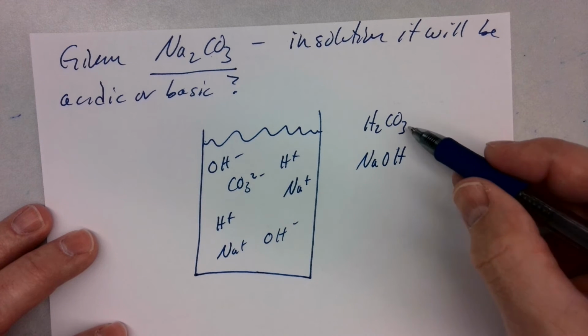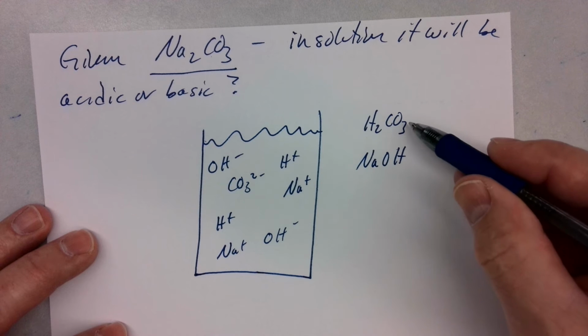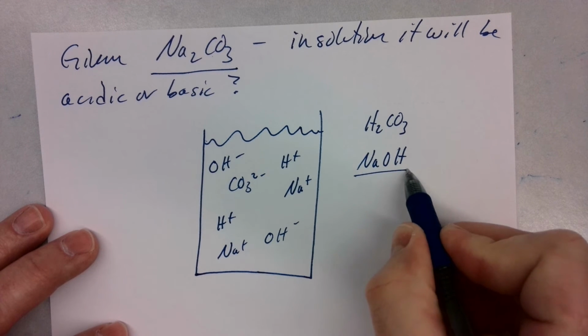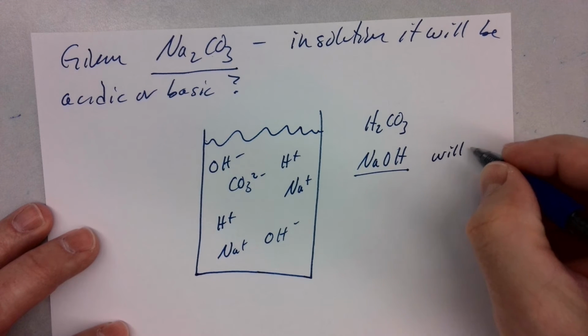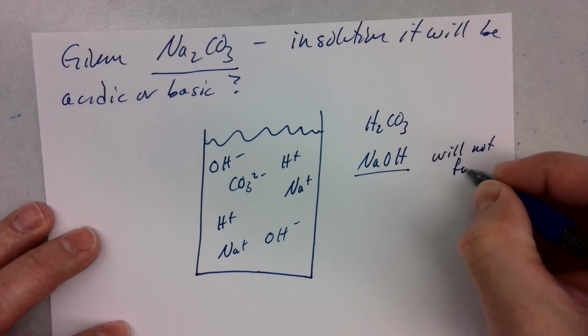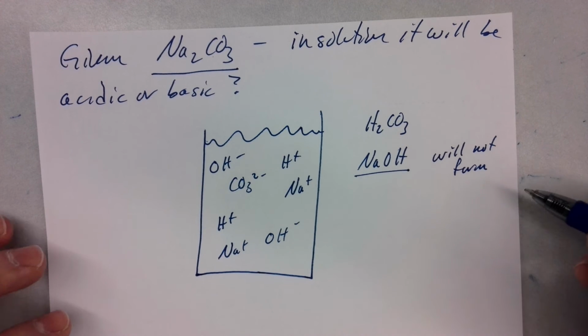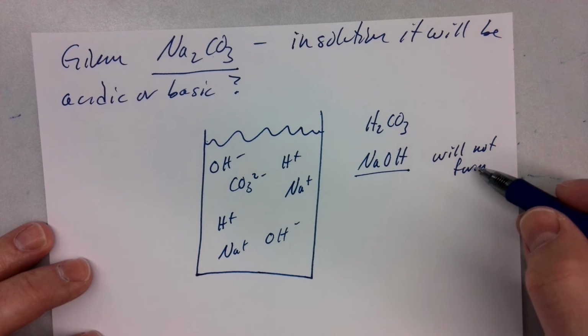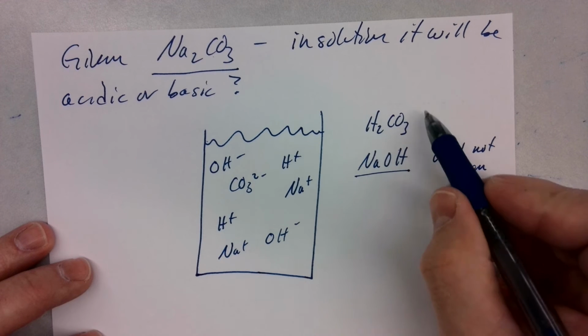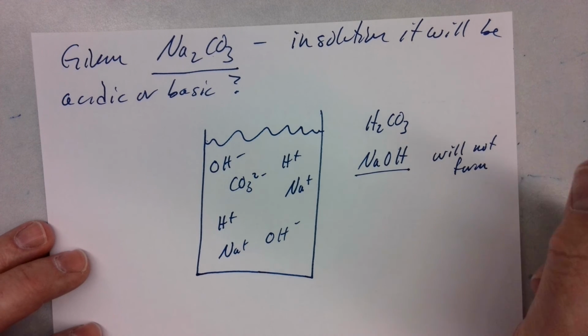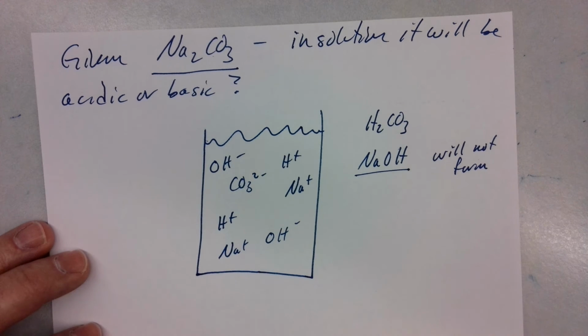Now, I look at these and figure out which one do I really get. Am I going to get NaOH? No, this will not form, because it's a strong base. Now, H2CO3, is it a strong acid? It's not, which means some of that will actually get together.